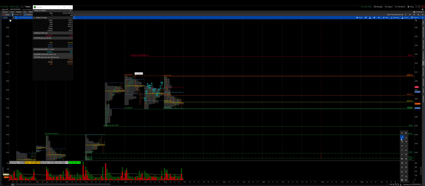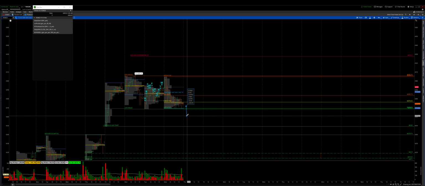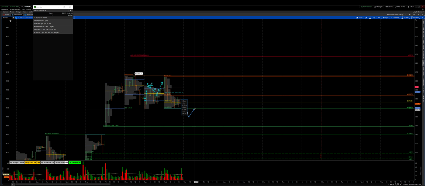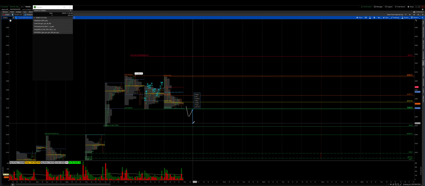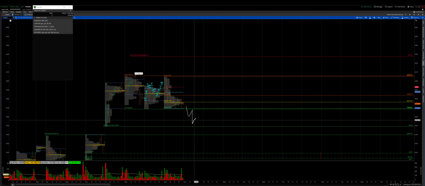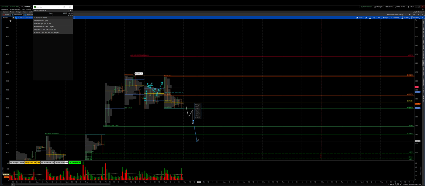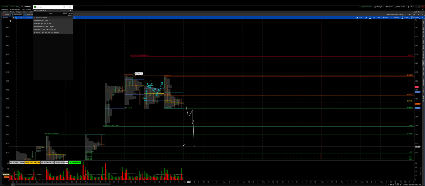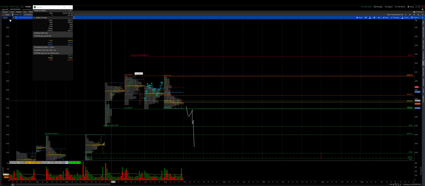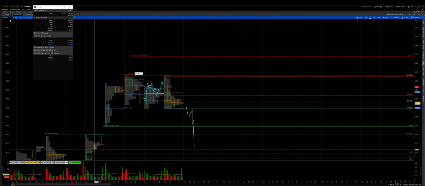Say we opened up, pulled down, pushed up, came back down, got a little bit of a relief, continue. Now, don't judge me on my drawing, okay? Came back down, filled the gap, came back into what we would call this upper distribution from the first.